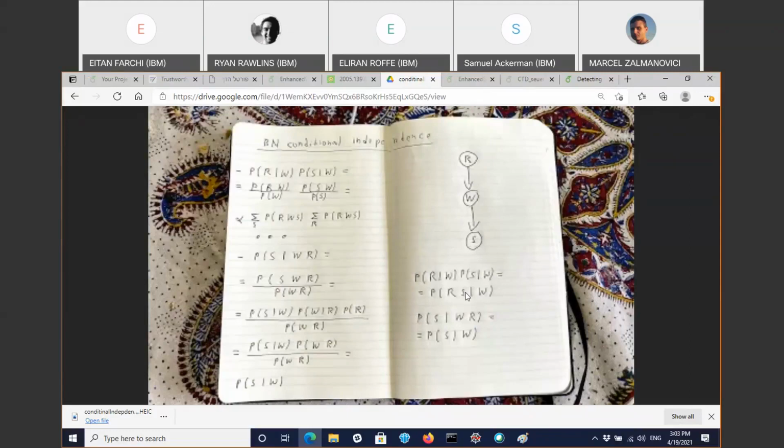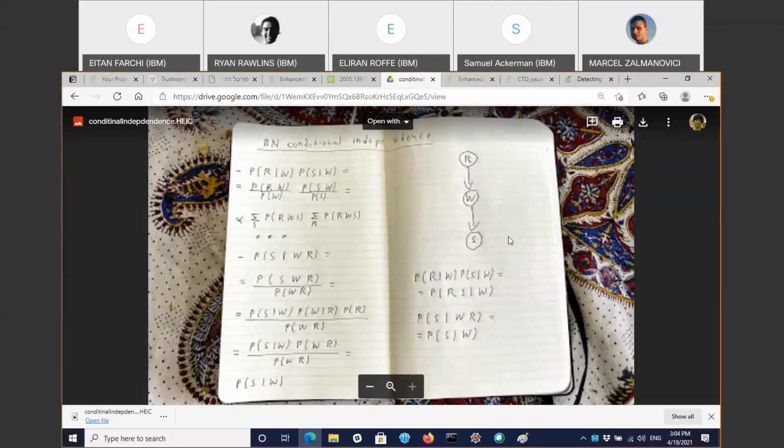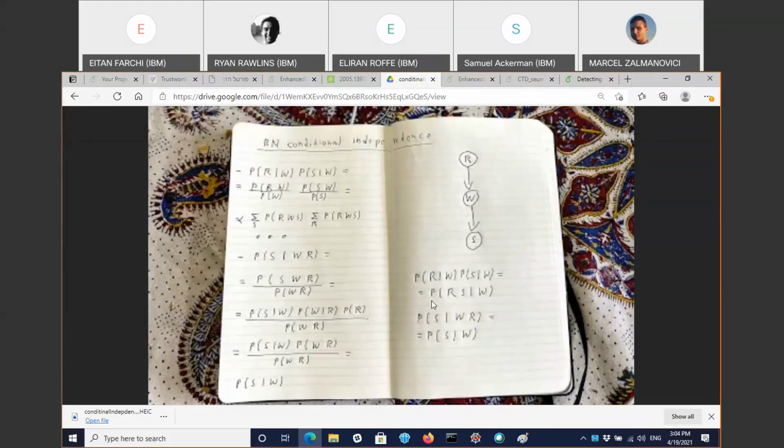Below here are the two possible formal definitions of conditional independence in the context of this network, so that the intuition will be clear. Given that the floor is wet, the probability of rain and sleeping equals the product of these probabilities.